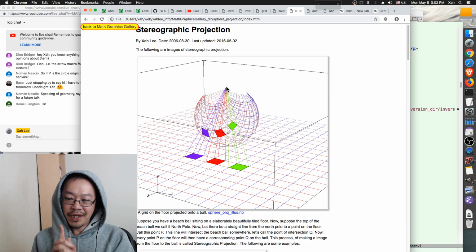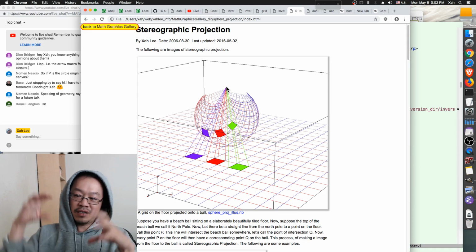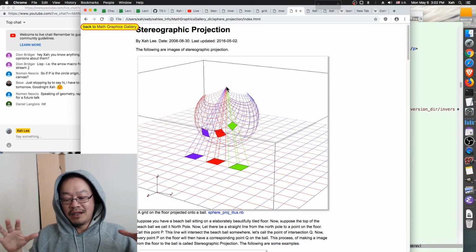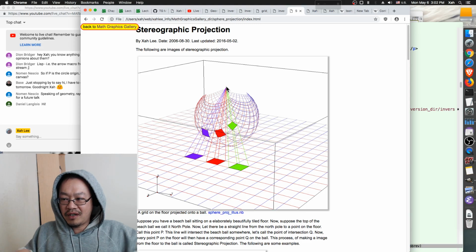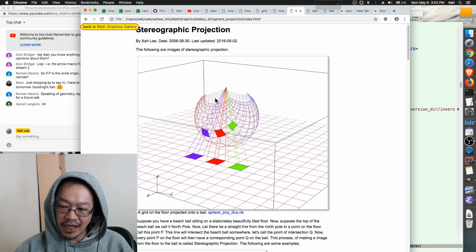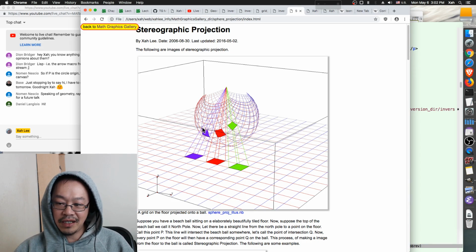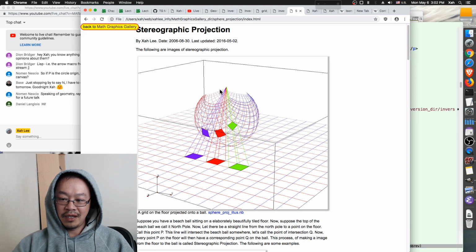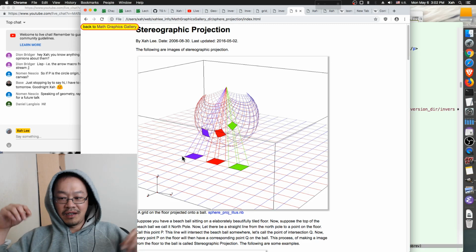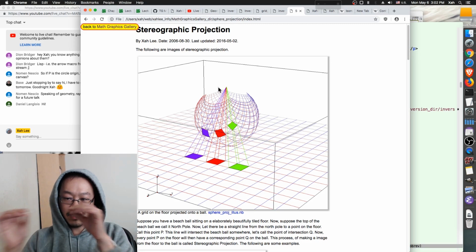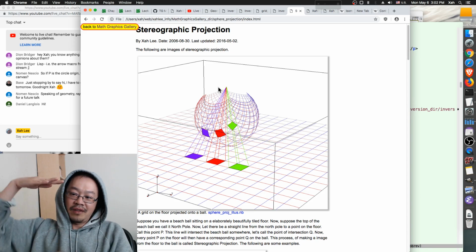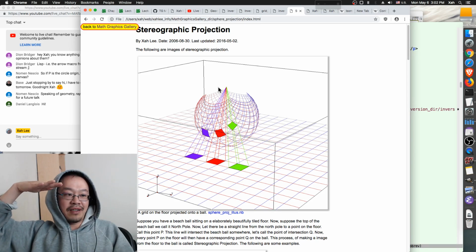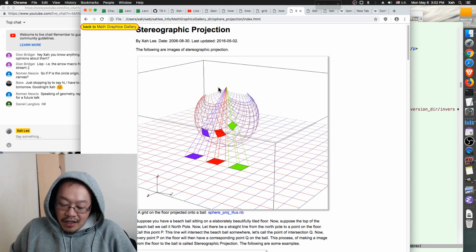Or we can say the North Pole on the sphere is mapped to some sort of point at infinity, because you can see that if you move the point on the sphere closer and closer to the North Pole, the corresponding point on the plane will be further and further away, such that if your point on the sphere is very close to the North Pole, then the point on the plane is very, very far away.